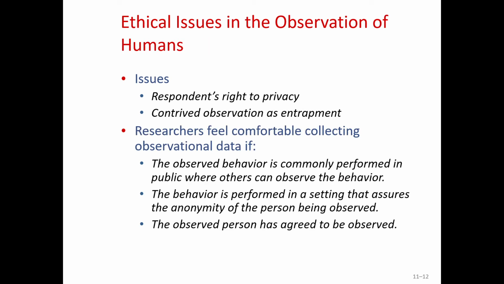Ethical issues in the observation of humans. Observation methods introduce a number of ethical issues. Hidden observation sometimes raises the issue of the respondent's right to privacy. Suppose a research company is approached by another company interested in acquiring information.